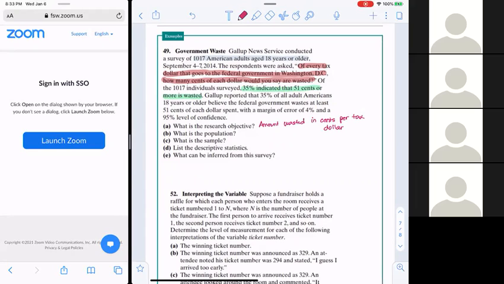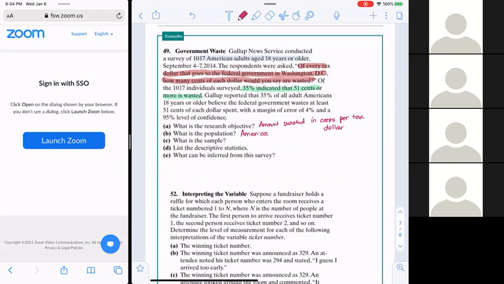Now, what is the population? The population of interest here is the United States. What are we interested in? We are looking at the United States, and we want to get information from individuals in the United States. And so the bigger quantity of interest would be America.